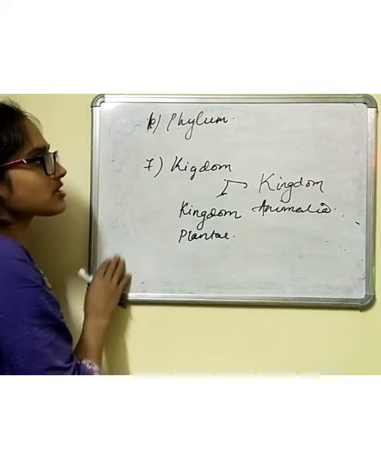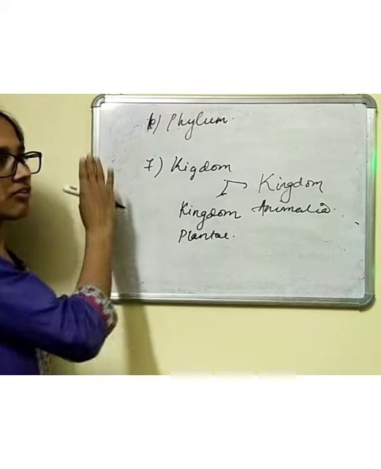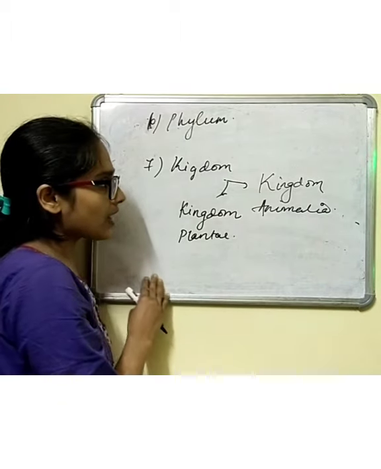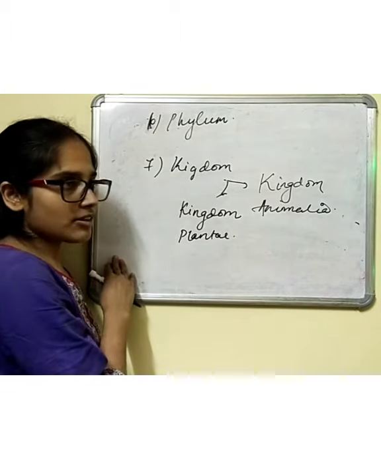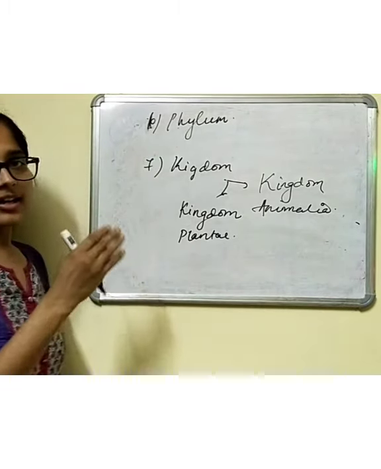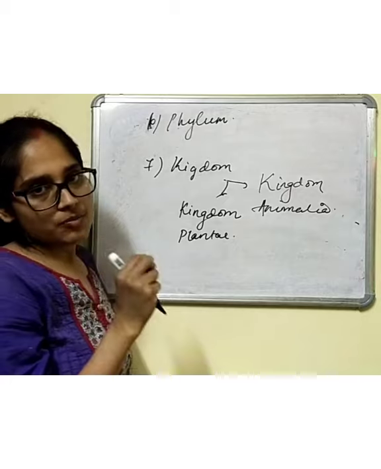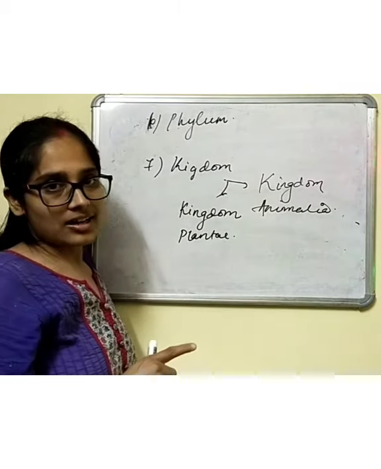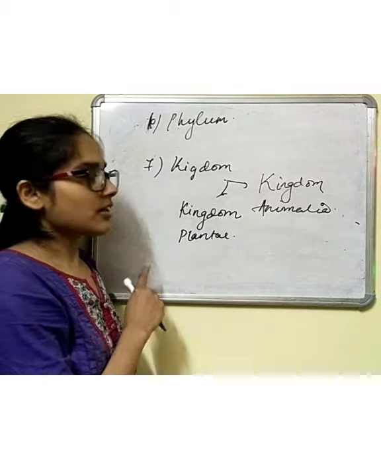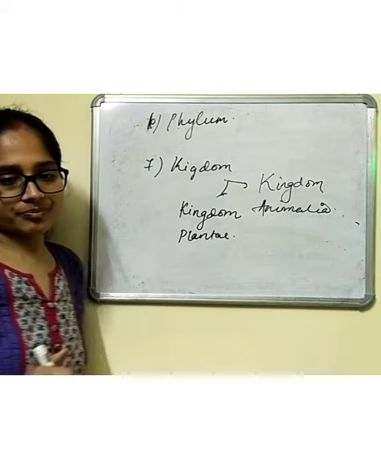But these are the general taxonomic hierarchy, with 7 taxa or categories in ascending order, starting from species and ending at kingdom. Species is the lowest taxon and kingdom is the highest taxon.